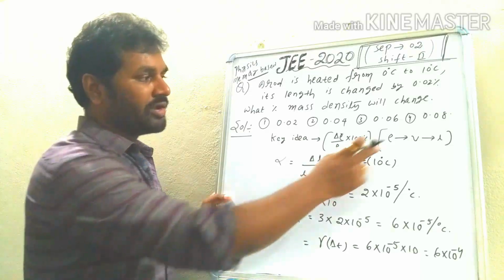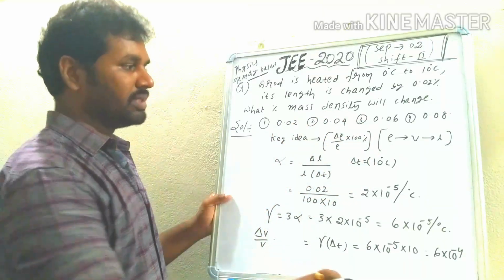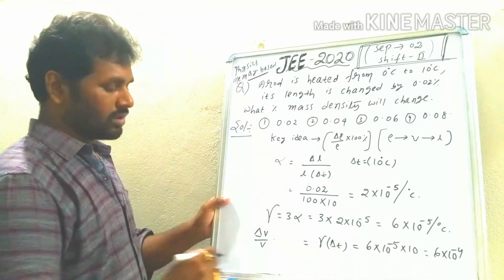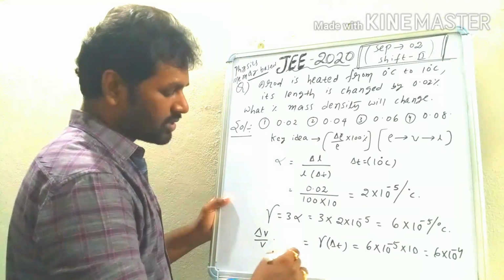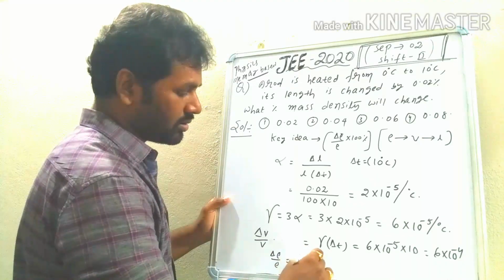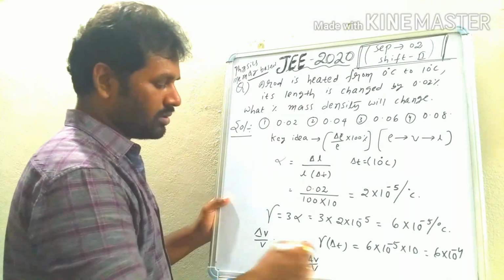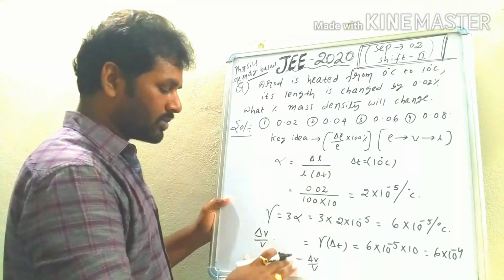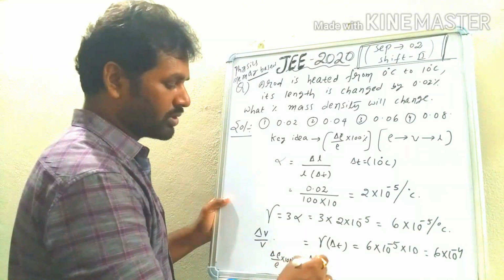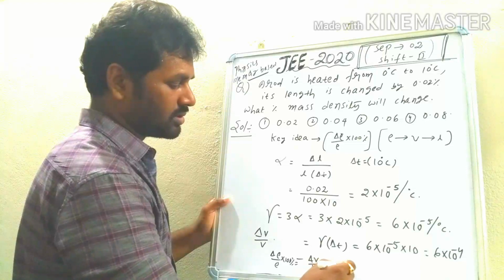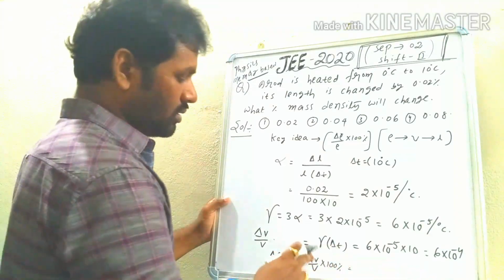This volume is related with the density directly by taking the expression delta rho by rho, which is equal to negative of delta V by V. Multiply both sides by 100%.